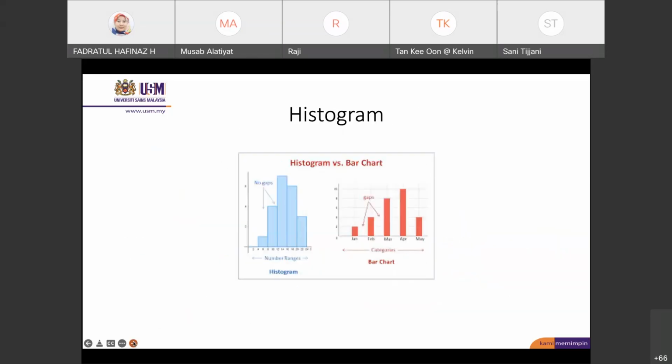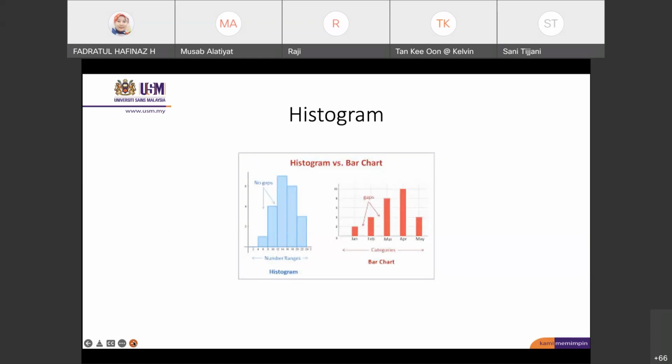Now we want to see the differences between the histogram and also the bar chart. What are the differences between these two? Okay, so the most basic graph is the histogram, which is a bar plot, right? In which each bar represents the frequency or count or proportion, count total number of cases for a range of a value.